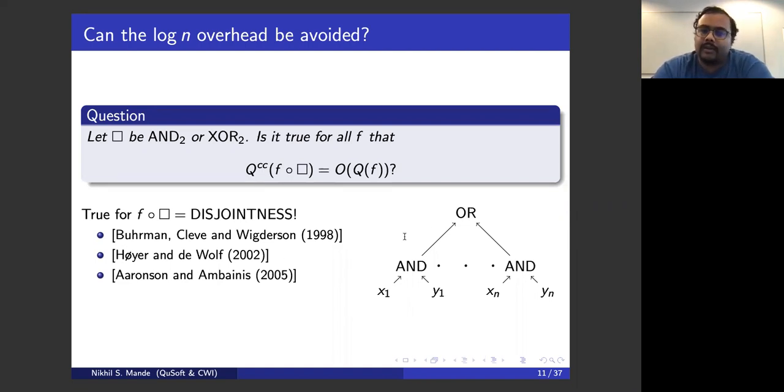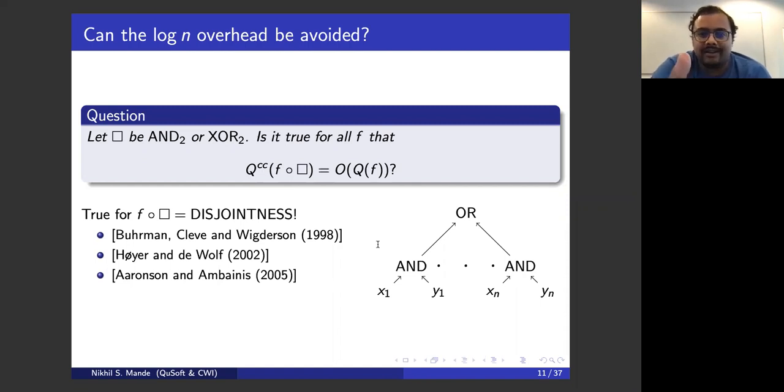Hoyer and de Wolf reduced the overhead from log n to 2 to the log star n, which is almost constant, but not quite. And eventually, Aaronson and Ambainis got rid of the overhead altogether. They showed that the communication complexity of OR composed with AND is order the quantum query complexity of OR.